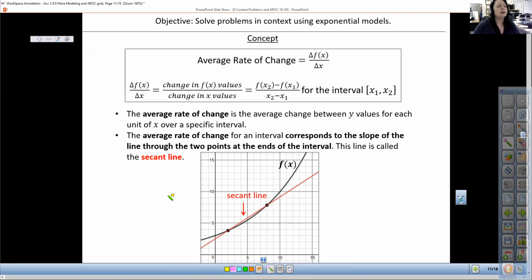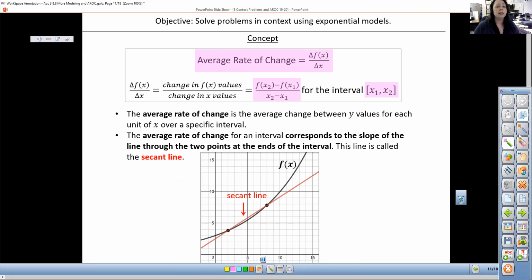So remember that when we calculate an average rate of change, which is the change in the function values or y values divided by the change in the x values, where change means the difference, subtraction, over a particular interval of x values, what we are always really doing is calculating slope.